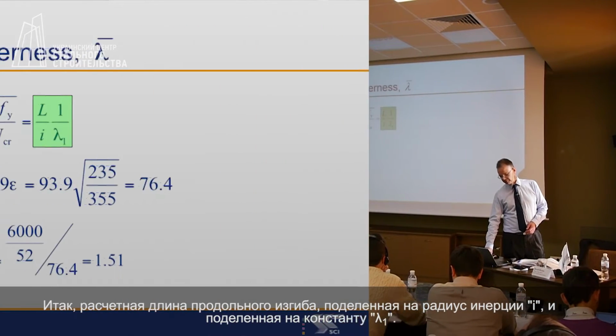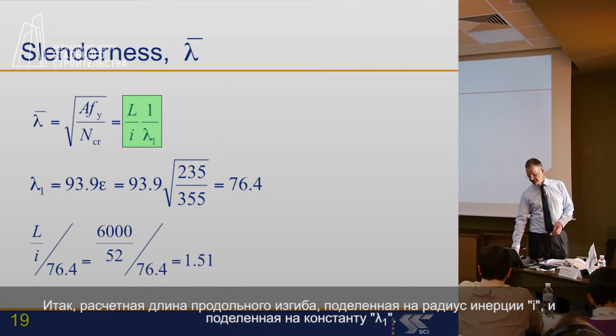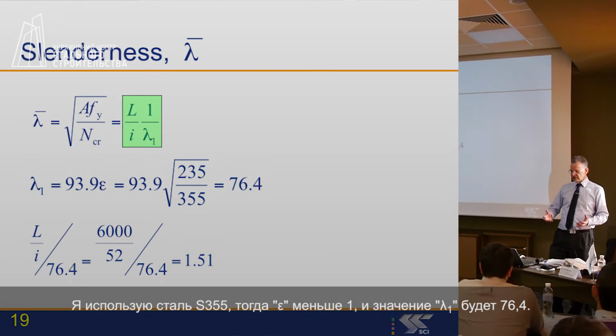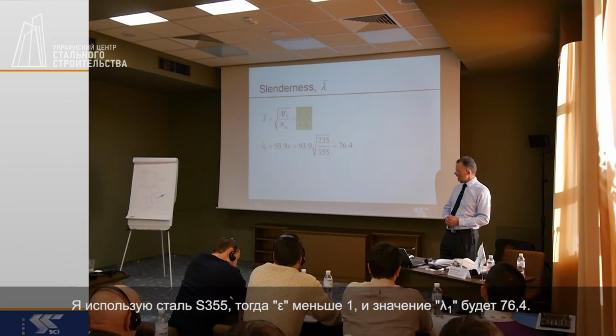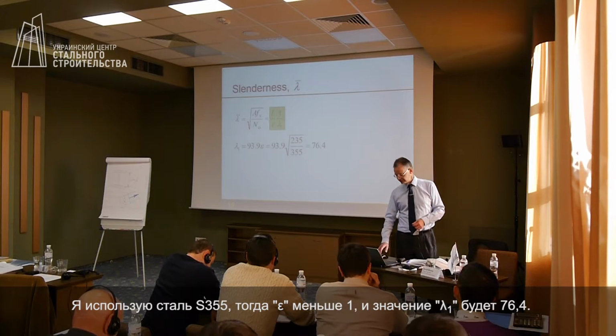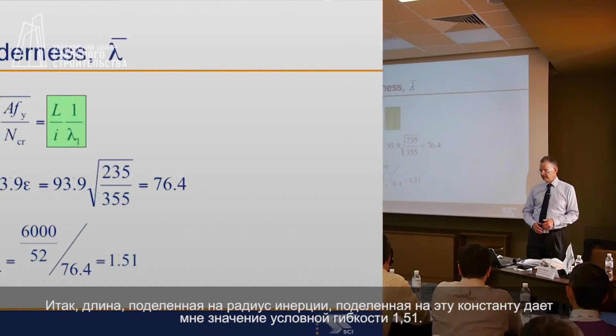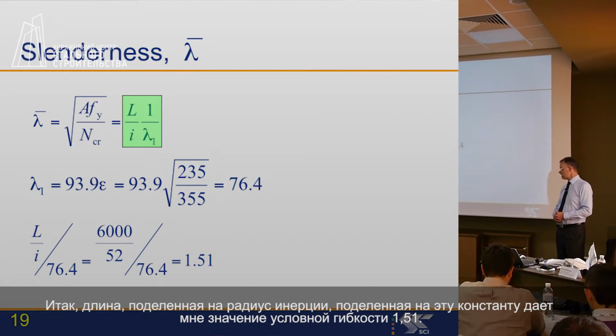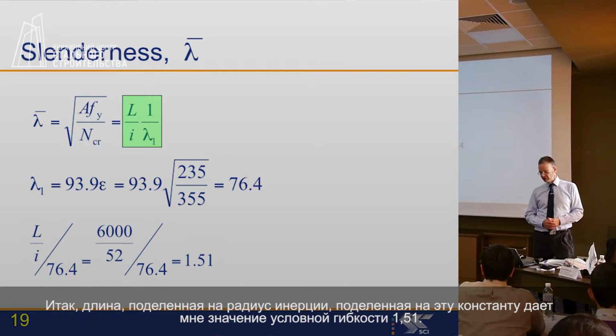Okay, so length divided by radius of gyration divided by lambda 1. I'm using S355 steel, so epsilon is less than 1, and lambda 1 is 76. So length divided by radius of gyration divided by this constant gives me a non-dimensional slenderness of 1.51.